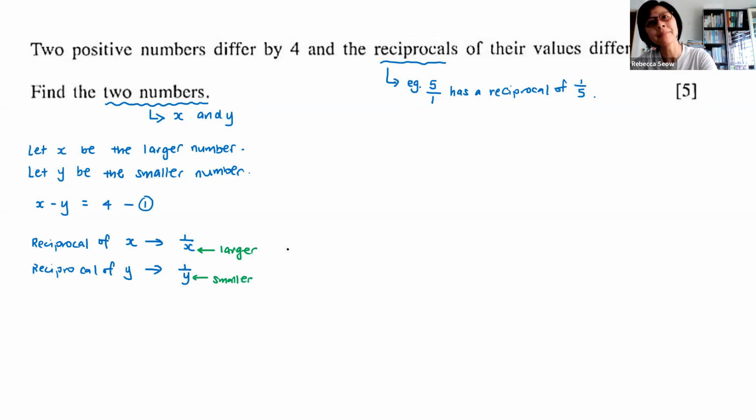If we are not sure, let's assign values to x and y so that we may see it more clearly. Let's say x is a larger number, say 5, so 1 out of 5, and y is a smaller number, 2, so 1 out of 2. Comparing 1 out of 5 and 1 out of 2, you'll realize that half is the larger fraction. Hence, 1 out of y is the larger fraction.